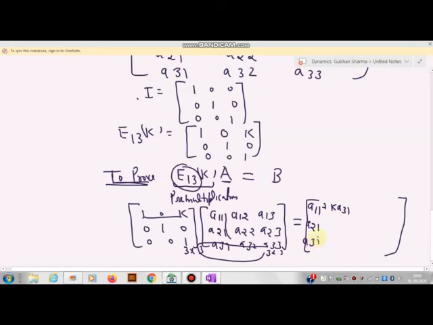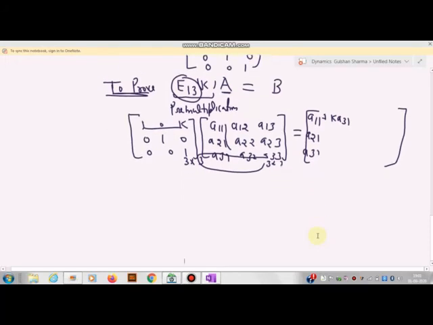Let's make changes here so that you can see properly. So this is the matrix. First row first column is A11 plus k times A31, and then A12 plus k times A32, and the last one is A13 plus k times A33. The rest of the elements remain the same, because for the second row, 0 times the first row leaves A21.